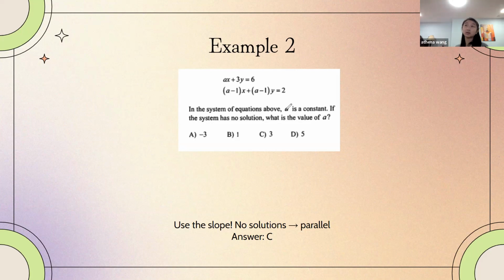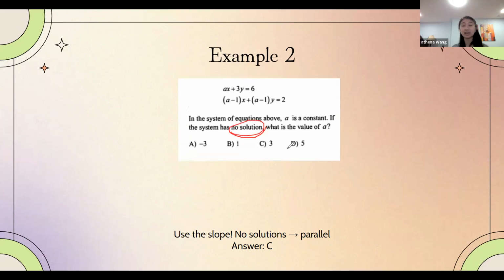That's when the slopes are different. When there is no intersection, so no solution, that is when the slopes are the same and they are different lines. And then the last one is if there are infinite solutions, and that is one line.